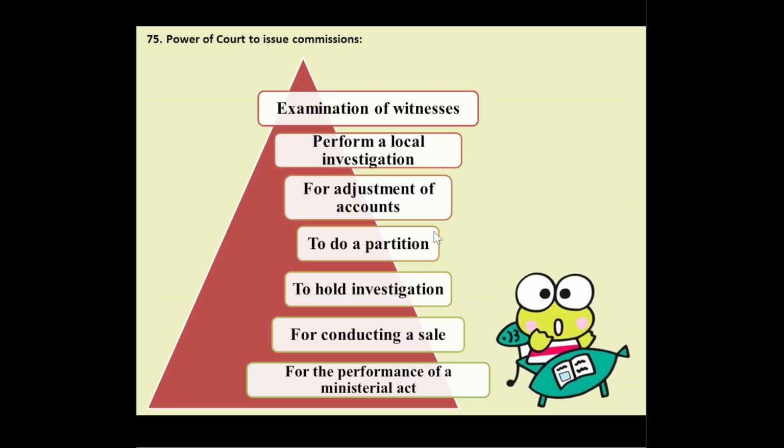For adjustment of accounts, the court can issue the commission. To do a partition, to make a partition in the respective case, the court may think of issuing a commission. To hold investigation, which may be in the nature of scientific, technical, or expert investigation. For this purpose also, the court can issue the commission.